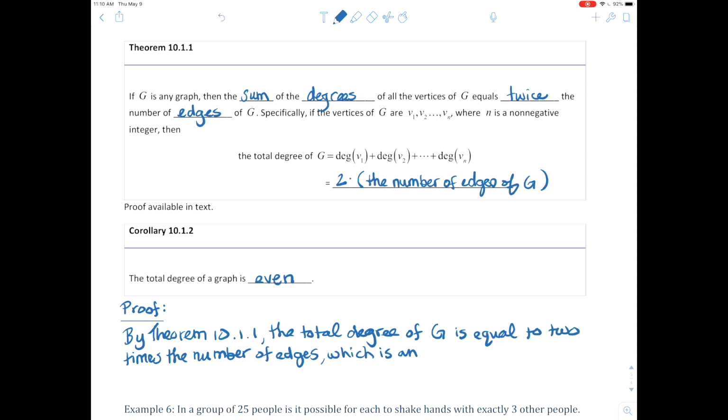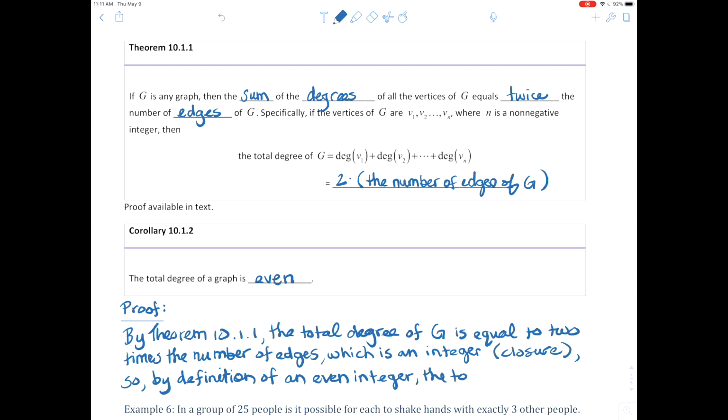I think this would just be addition, right? So, by definition of even, or an even integer, the total degree of G is even.